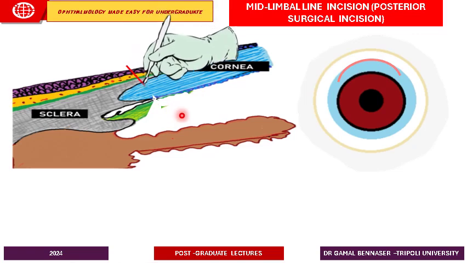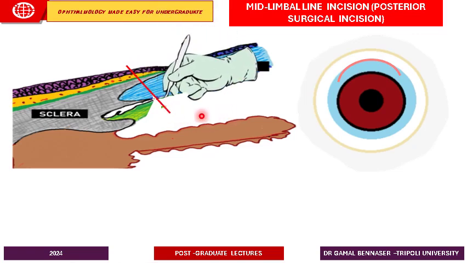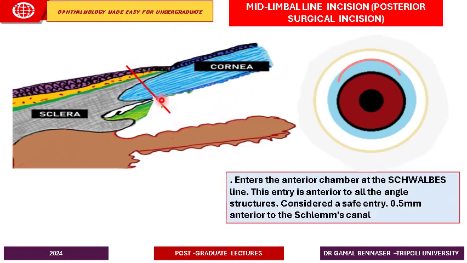By this incision, you will enter the anterior chamber directly, and you will pass through the termination of the Descemet's membrane. So there is no chance of inducing Descemet's membrane detachment, and you will be around 0.5 millimeter from the Schlemm's canal. This is the trabecular meshwork, and this is the Schlemm's canal. This is the scleral spur.